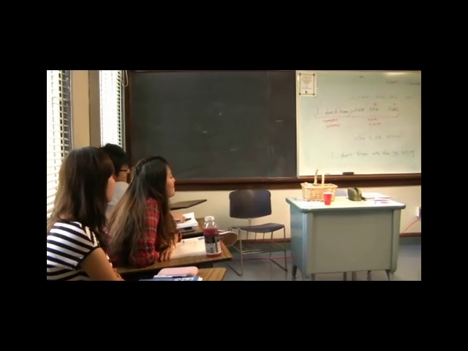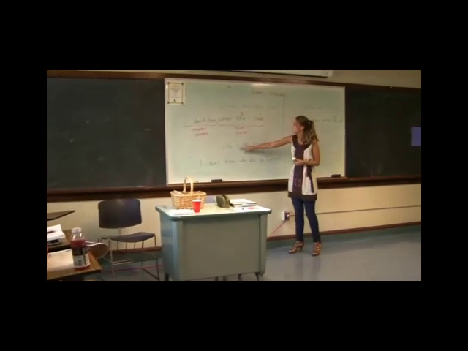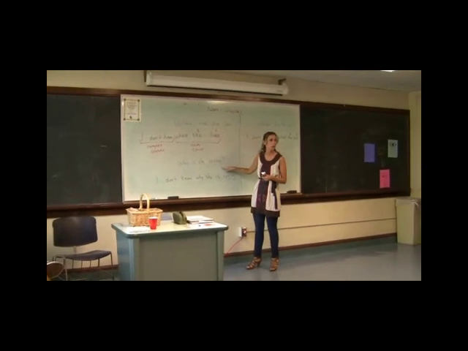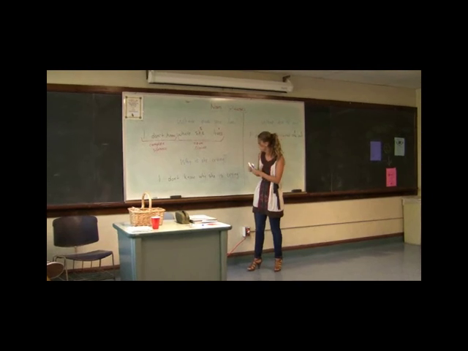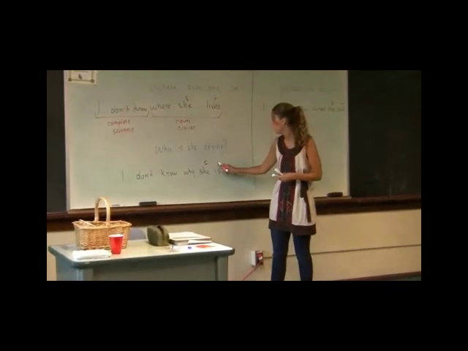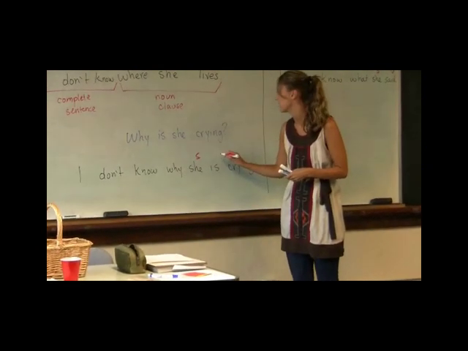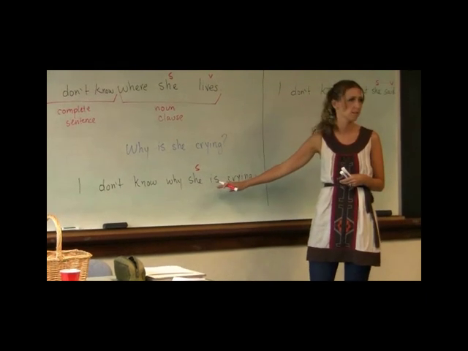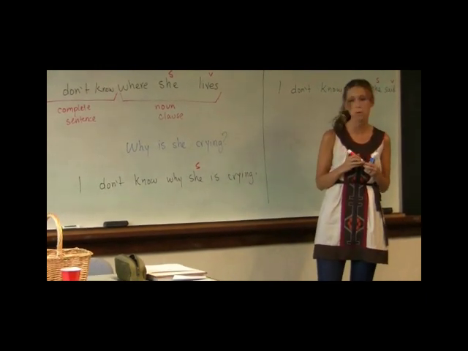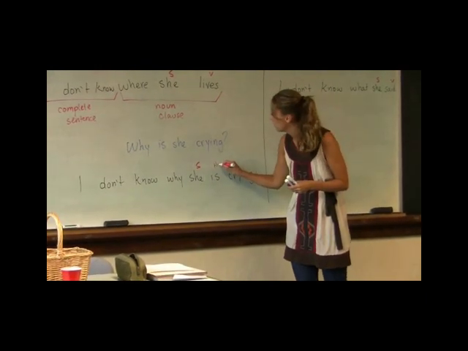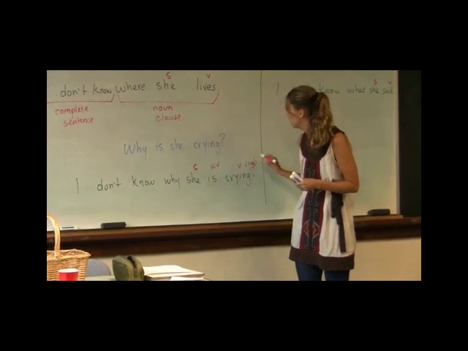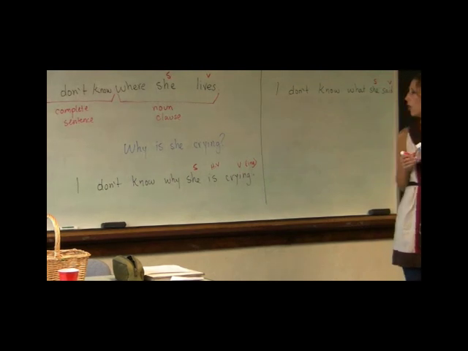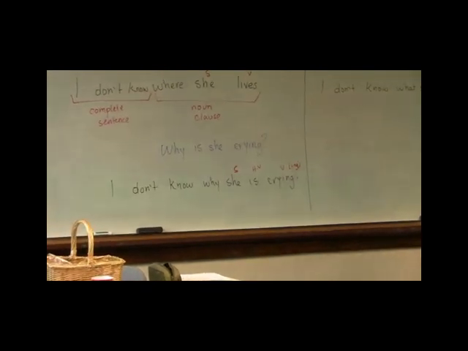Okay, notice how here we have, why is she crying? We don't do that when we use a noun clause. We put the subject first, and then the helping verb with the verb, because this is, what type of tense is this? Progressive. Good. So we have a helping verb, and then the verb with ing. So we say, I don't know why she is crying.